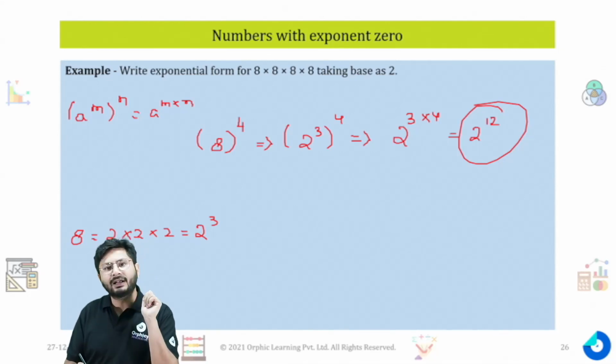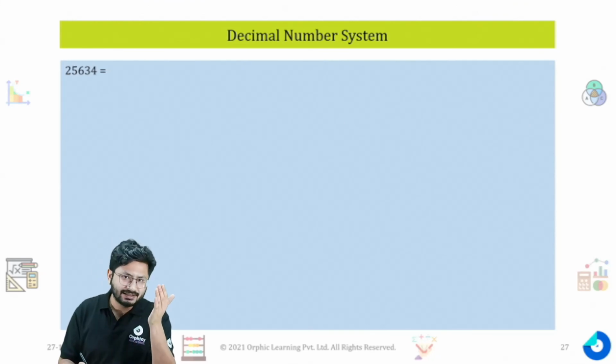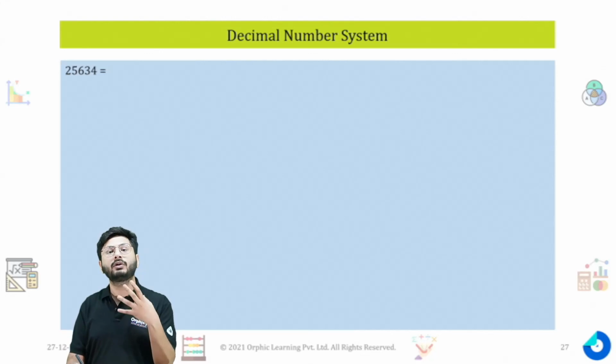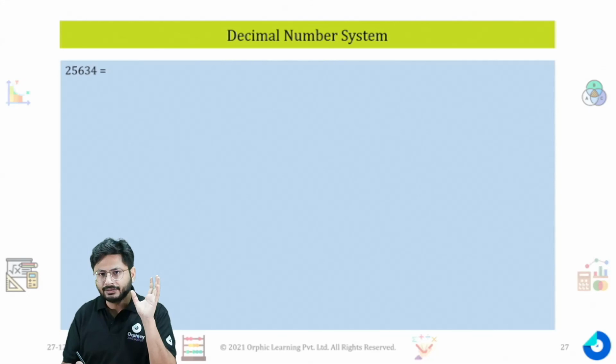There is only one topic remaining, that is the decimal number system. In your NCERT, it is given that we should know how to break a number. Let's take an example of the number 25634. We are quite familiar with place values, right?